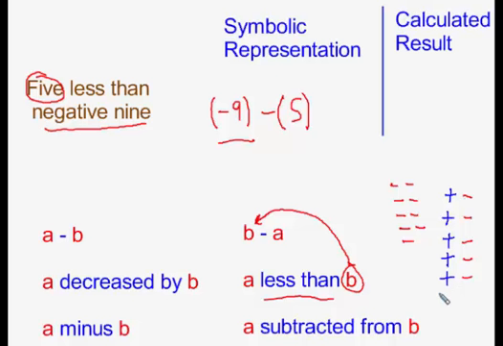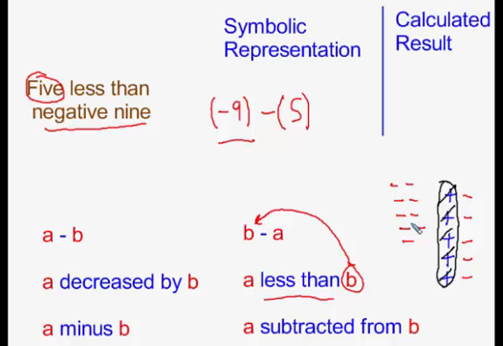Now that I've done that and I haven't changed the value of my problem, I have 5 positive chips which I can subtract. So 1, 2, 3, 4, 5, here's my 5 positive chips, and I am to subtract them from the problem. Once I take them away, what's left is several negative chips.